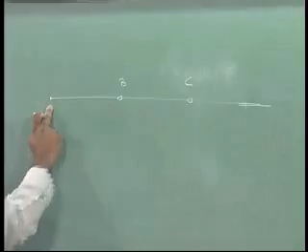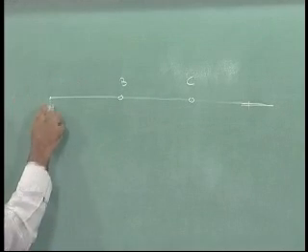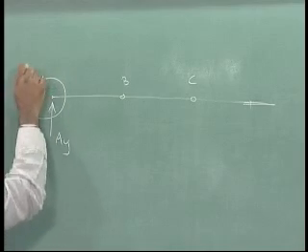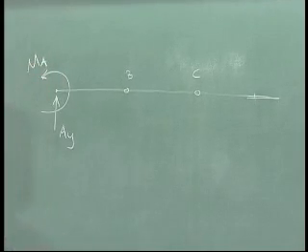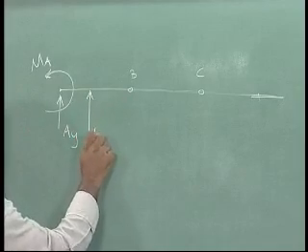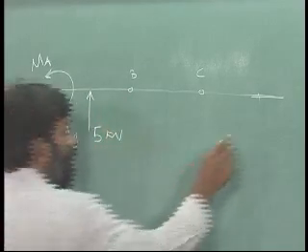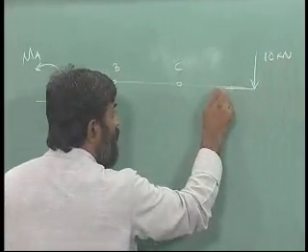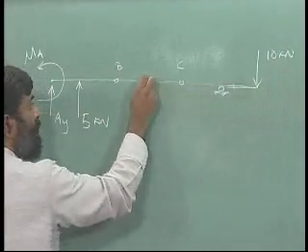I have released the support completely. I will have AY and the moment MA acting on this. There will be this active force at the middle equal to 5 kilonewton, here 10 kilonewton. I have these supports still present.